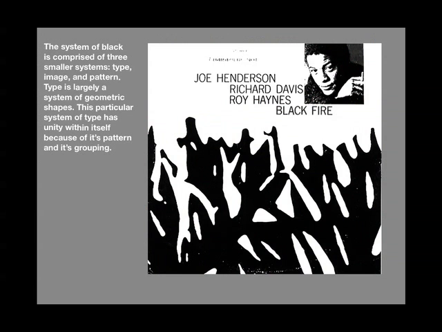The system of black is comprised of 3 smaller systems: type, image, and pattern. Type is largely a system of geometric shapes. This particular system of type has unity within itself because of its pattern and its grouping.